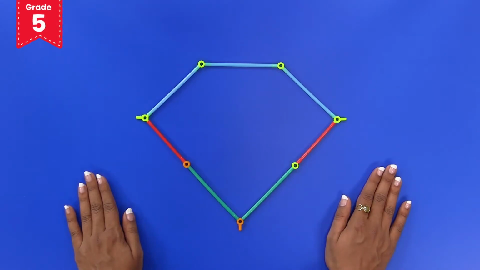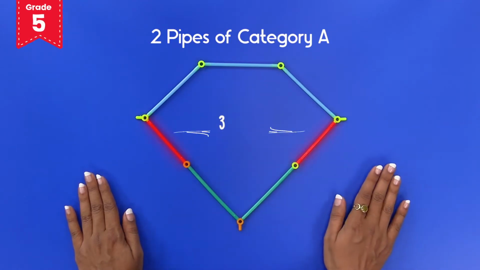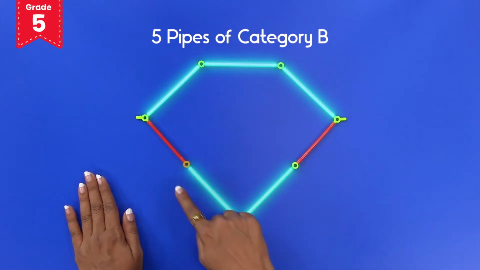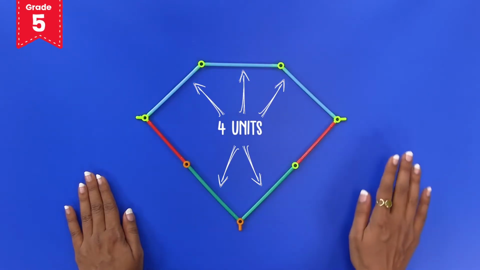To build this shape, we need 2 pipes of category A whose length is 3 units each and 5 pipes of category B whose length is 4 units each.